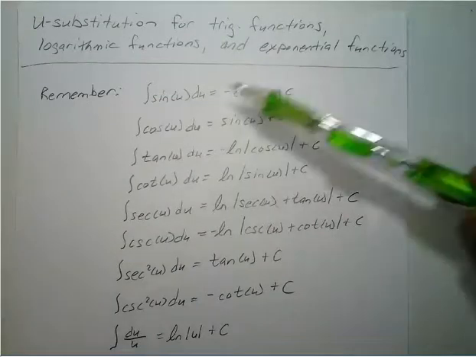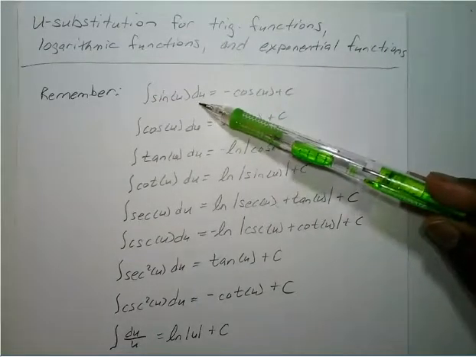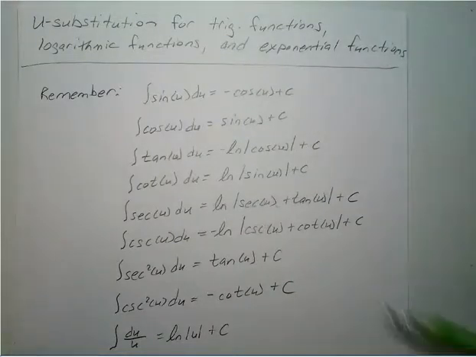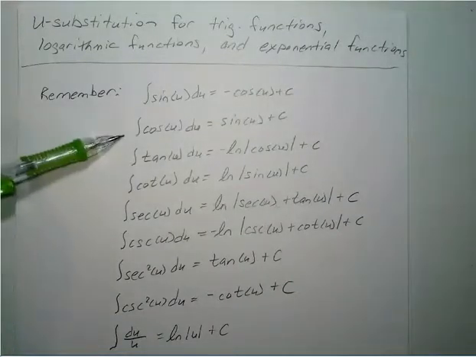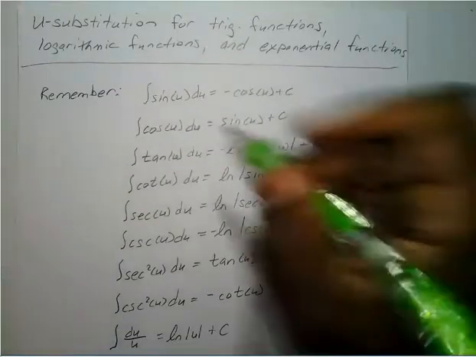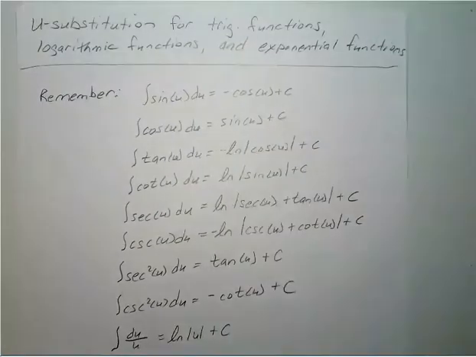The integral of sine u with respect to u is negative cosine u. The integral of cosine u is sine u. The integral of tangent u is negative natural log of the absolute value of cosine u plus c.